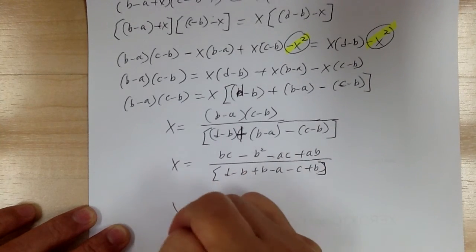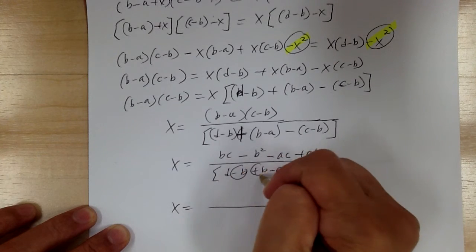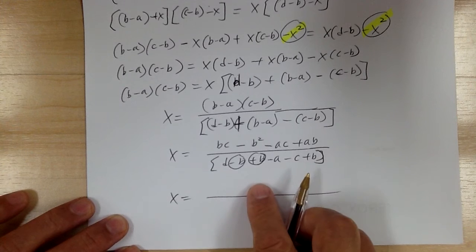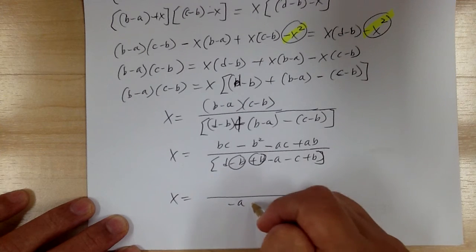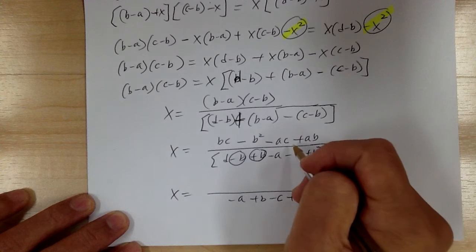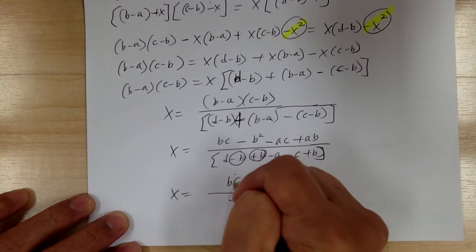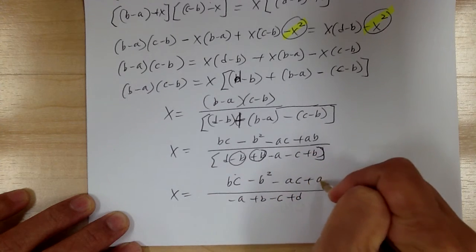And then the minus b plus b will cancel out. I'm going to arrange this in order, so I get negative a plus b minus c plus d. On the top, I get bc minus b squared minus ac plus ab.